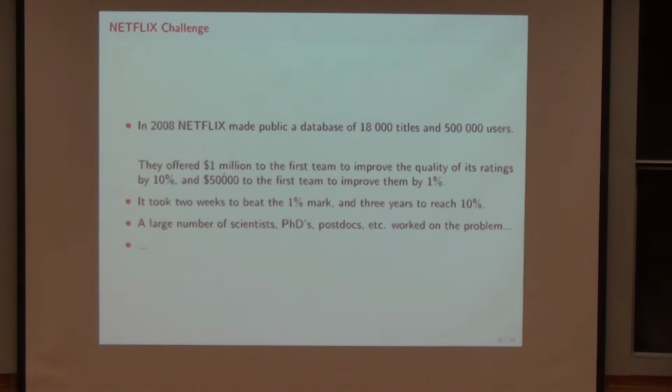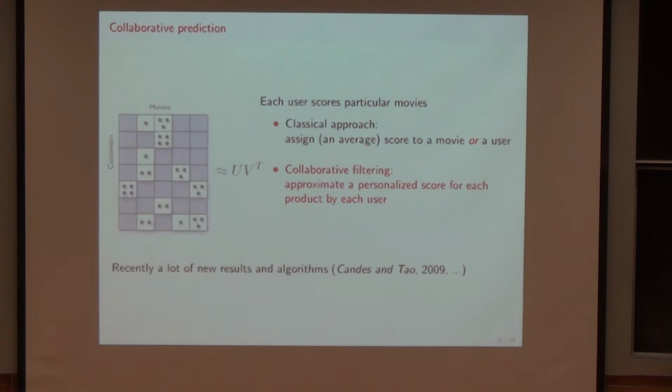In between, there were some problems because some people discovered that the Netflix data could be reverse engineered to understand who the users were. So they removed the first database and put in another database, which was privatized. But that was another story. So why is it interesting for us? We did not participate in this contest, we arrived too late.